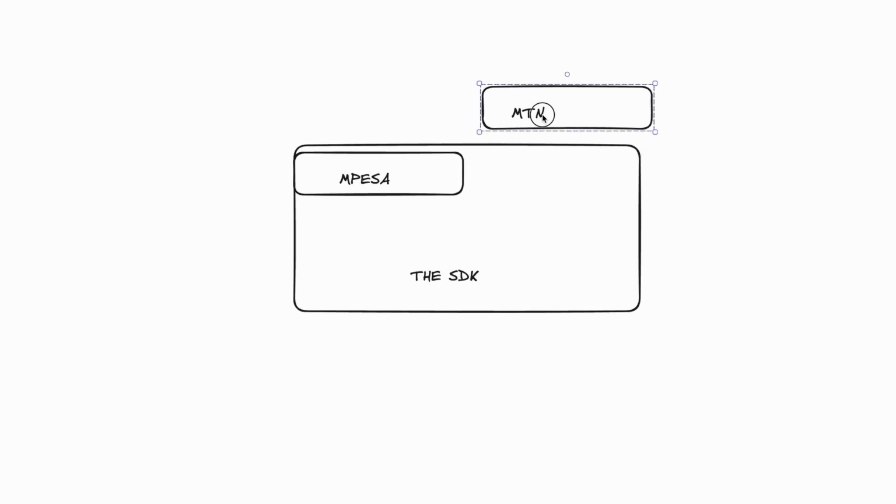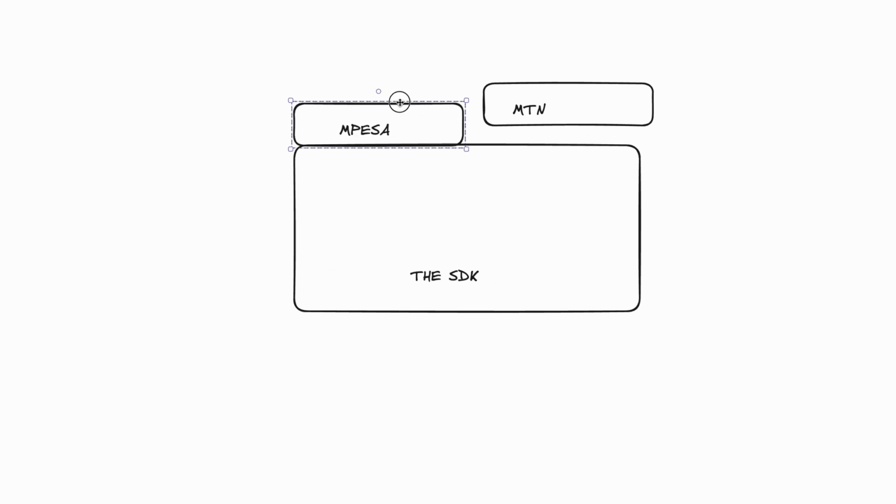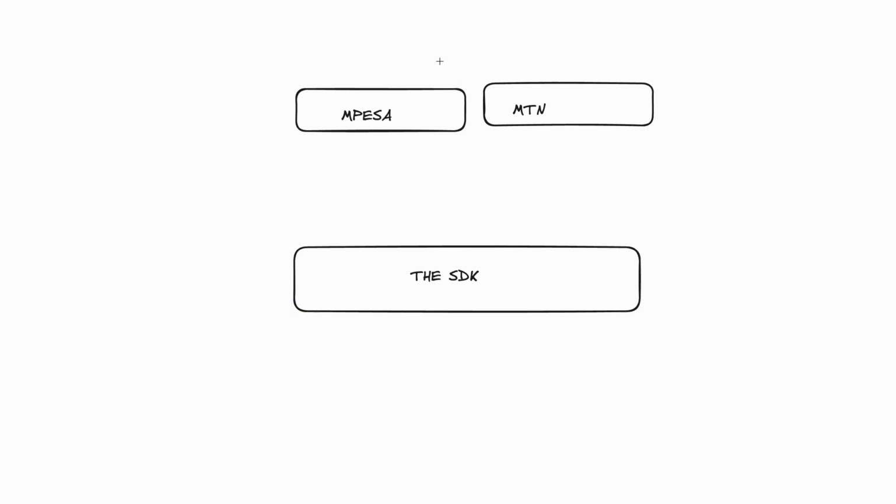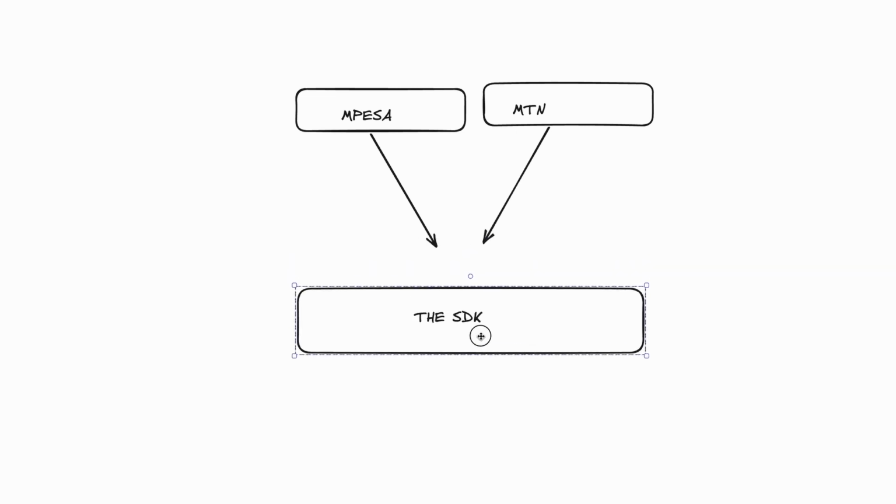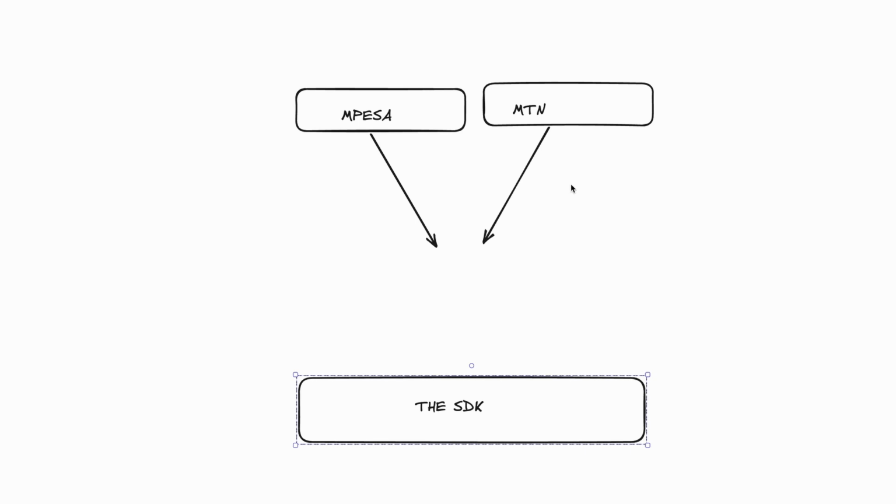In order to achieve the SDK abstraction I had previously pointed out, it's important to separate the integrations with the payment providers like M-Pesa or MTN from the main SDK, and have the main SDK that developers get to use dependent on the payment integration libraries. However, the SDK itself doesn't need to consume the libraries directly, but rather through a dedicated API layer.